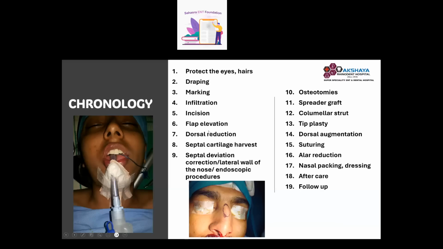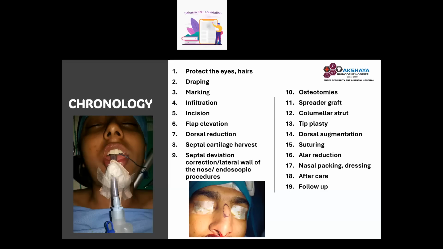You must protect the eyes, hairs and soft tissue all around the nose. I usually put a 1 inch plaster around the eyes and cover them, because post-operatively I have seen many patients have a foreign body sensation, sharp pricking pain in the eyes. Sometimes there will be small particles.